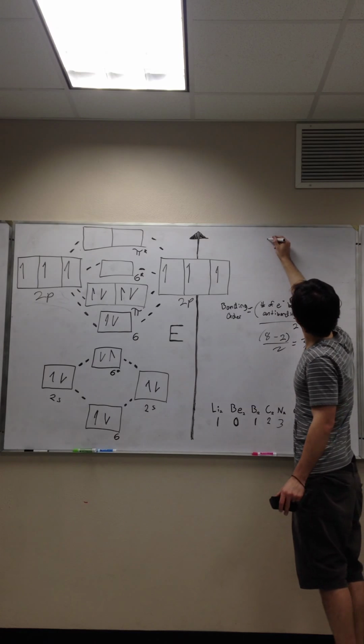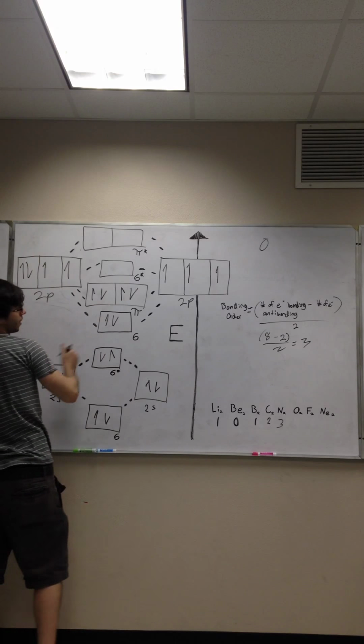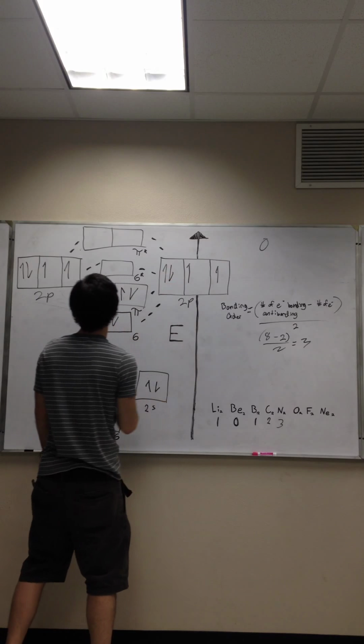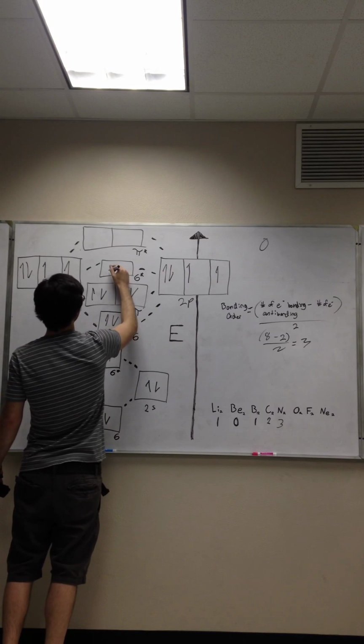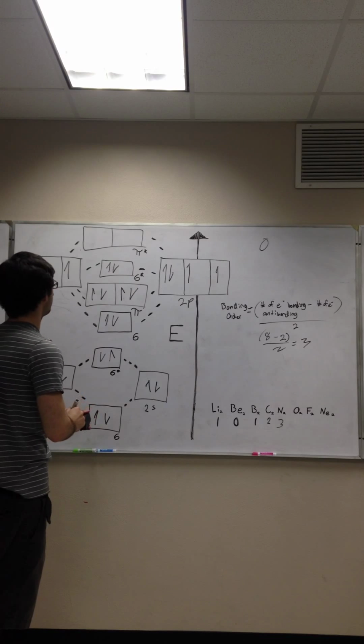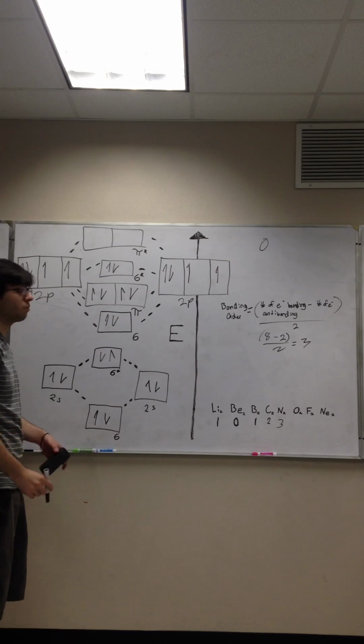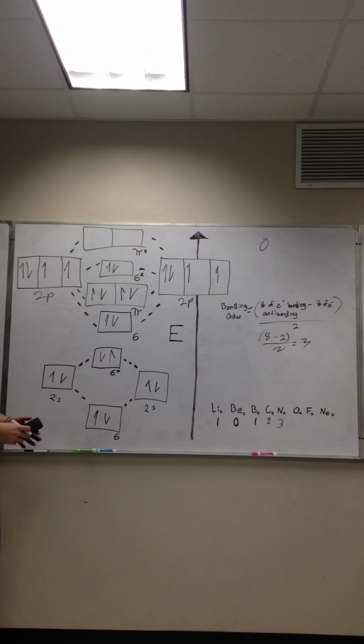Moving on, oxygen. We add yet another valence electron. And this will be the first time that we actually see these valence electrons overlapping in the sigma anti-bond 2p orbital. So what this already tells us is that since there are more electrons overlapping in an anti-bonding orbital compared to N2, I can already expect this to be a weaker bond.